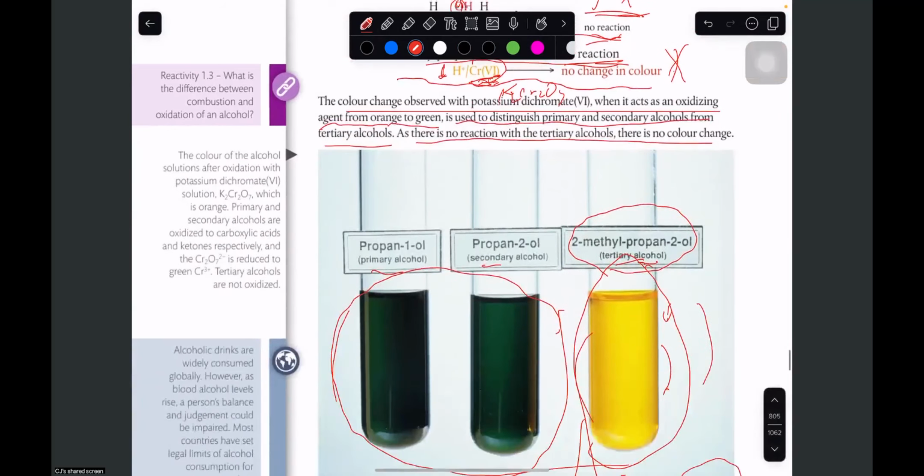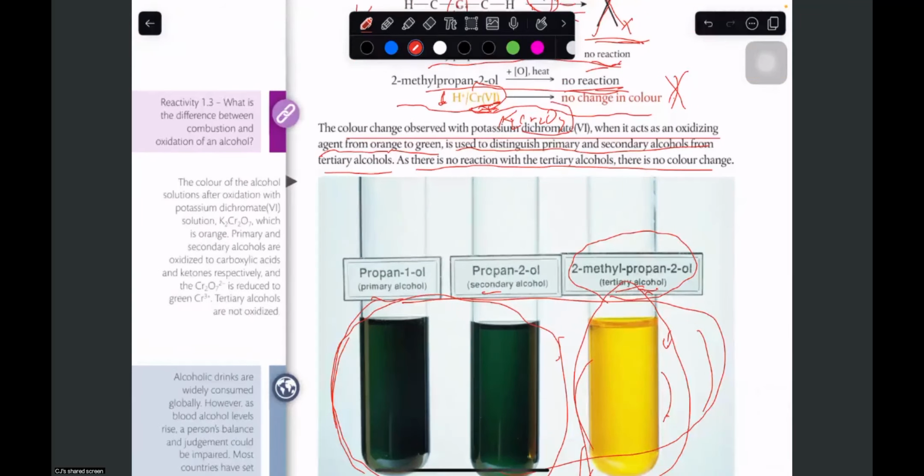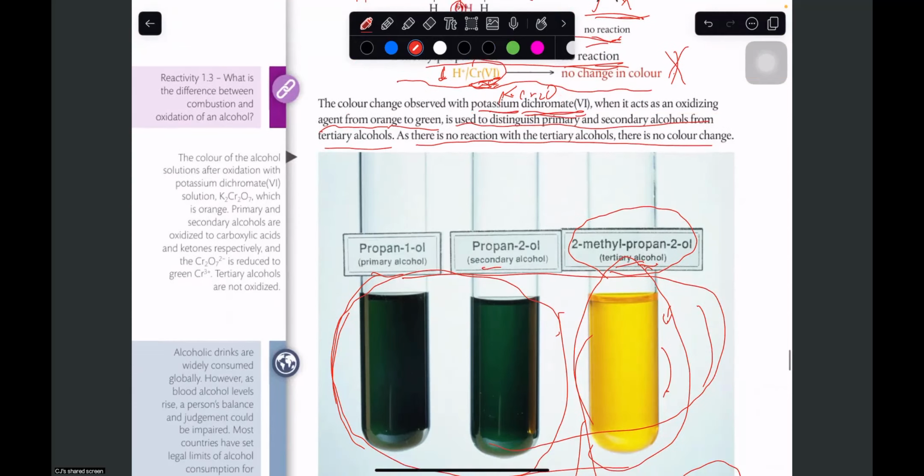Okay, we can use this method to identify the different kinds of alcohols. For example, we know that the potassium dichromate, K2Cr2O7, is orange at the very beginning, and if it loses the oxygen, it will become green.